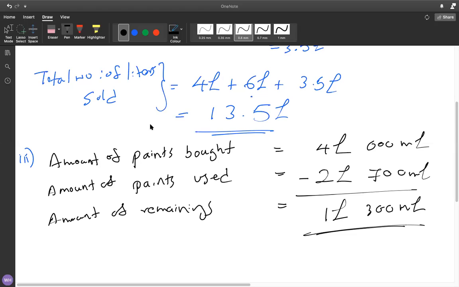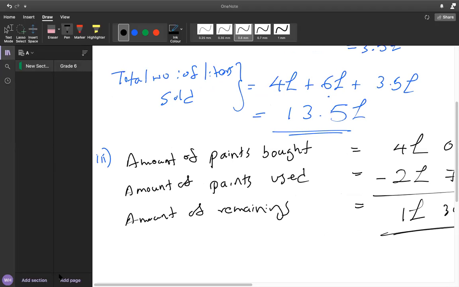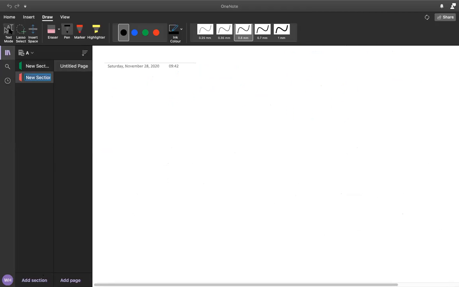But so that I will skip the lesson number 17 and I will move on to lesson number 18, so that we can discuss algebraic symbols. Okay, so algebraic symbols is the new lesson.